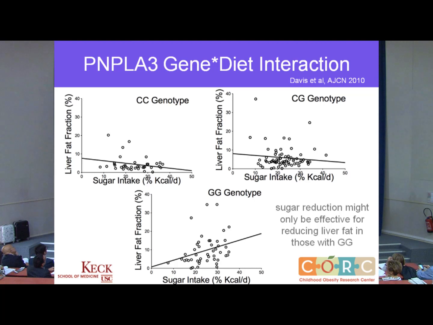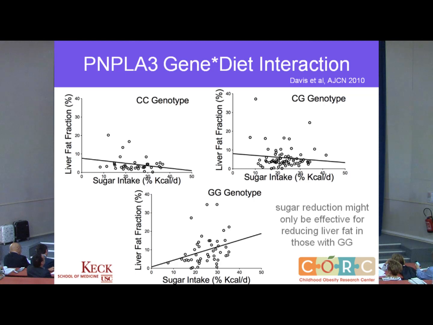We looked broadly across the diet to see which dietary factors might be related to fatty liver. No dietary factor other than dietary sugar came out of this analysis as being relevant, but dietary sugar, as you can see here, was not related to liver fat in those with the CC and the CG genotype.